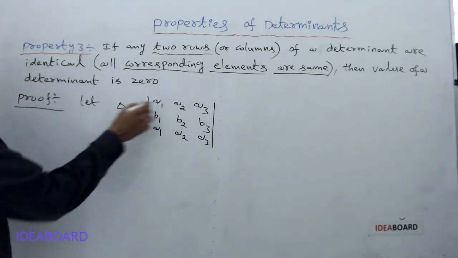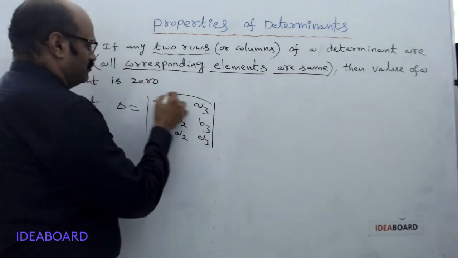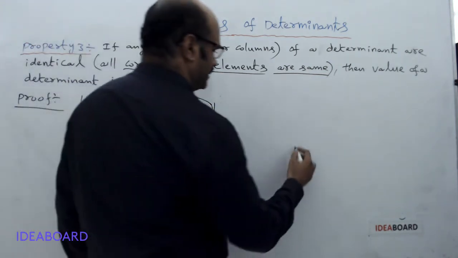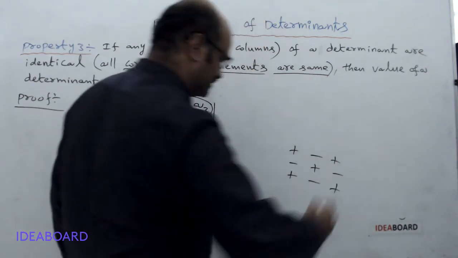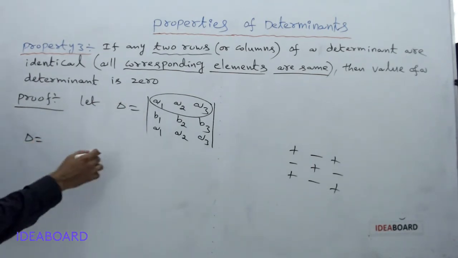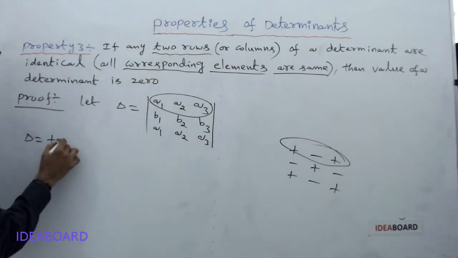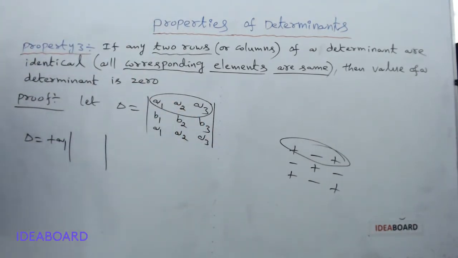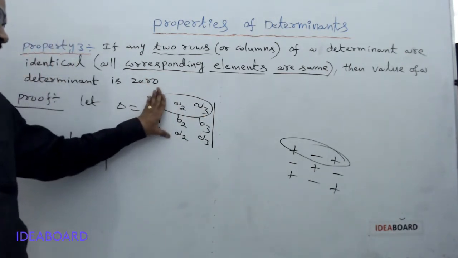Expand along the first row. We have the signs plus, minus, plus. So delta equals plus A1 into the determinant of B2, B3, A2, A3, since A1 lies in the first row and first column, so we take the remaining 4 elements.